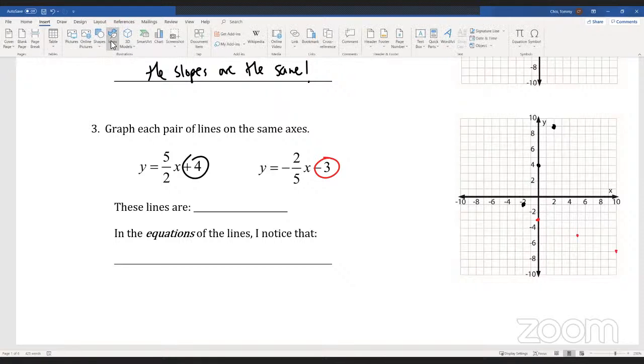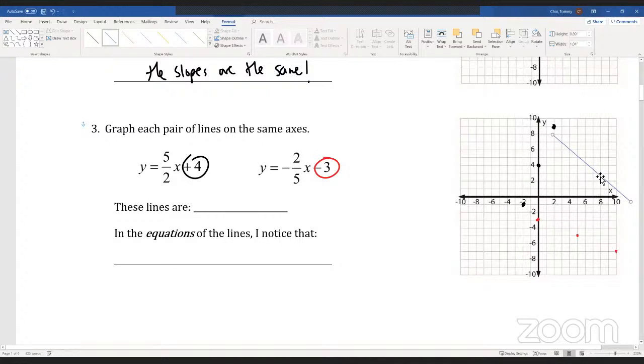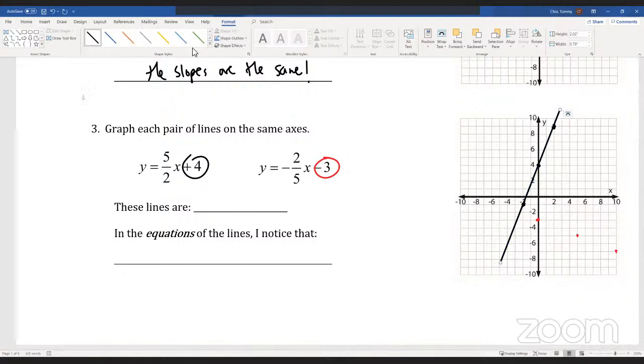This one I am going to fill in with the line because I do want you to visualize this. I'm going to draw in this one here in black.